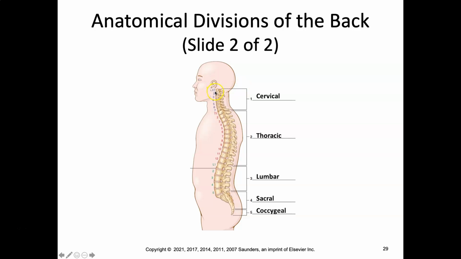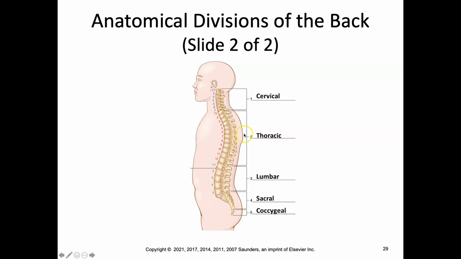You have 7 bones in your cervical division in your back. You have 12 in your thoracic division. You have 5 in your lumbar, and then your sacrum or your sacral area is considered 1 bone. And your coccygeal area is considered 1 bone.